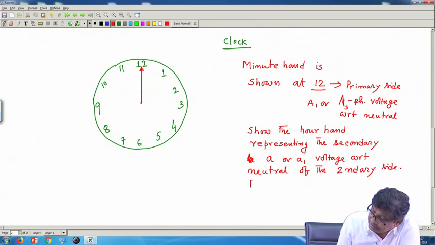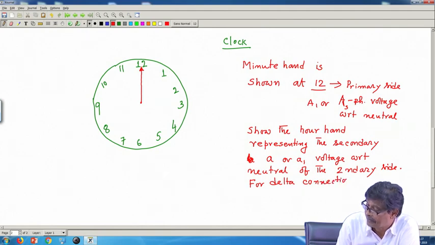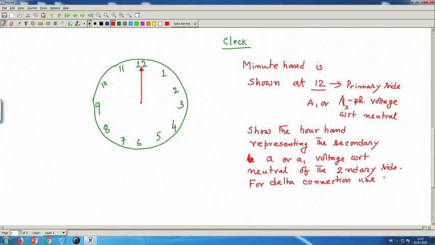For delta connection, use an artificial neutral. That is small n. This is capital N. You have got the point.